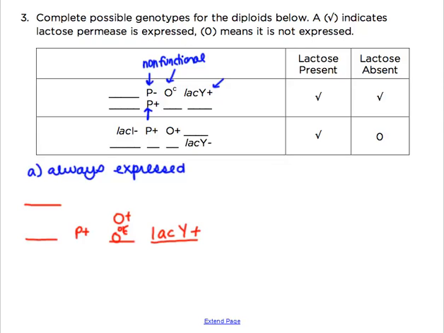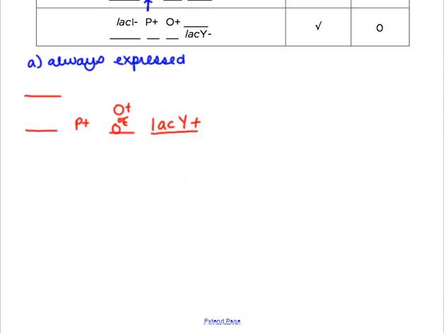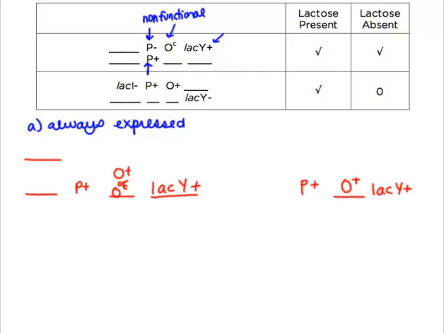So we know for sure that on this second copy, you need to have a functional LacY gene. So let's say the second copy has LacY wild type, and let's go with a normal operator right now. If we have a normal operator, normal promoter, a normal operator can respond to levels of lactose, right? So if there's no lactose present, the repressor protein will be bound to that operator and it will block transcription. But they're telling us that the phenotype here is that this permease is always expressed.